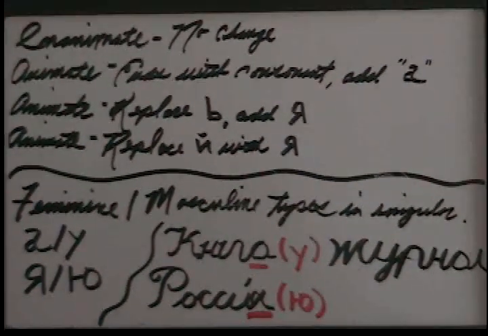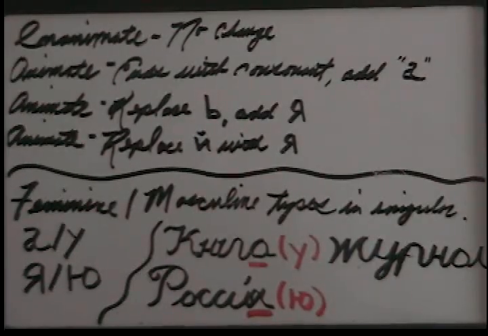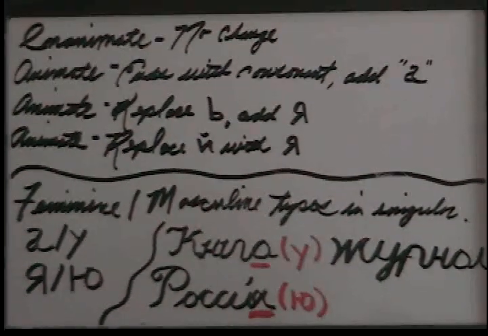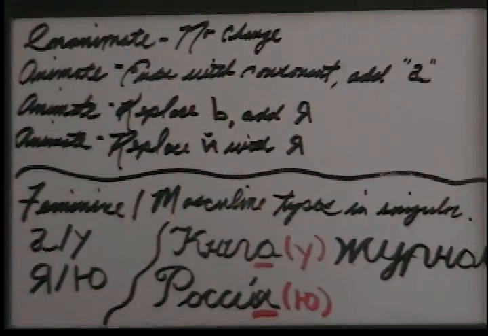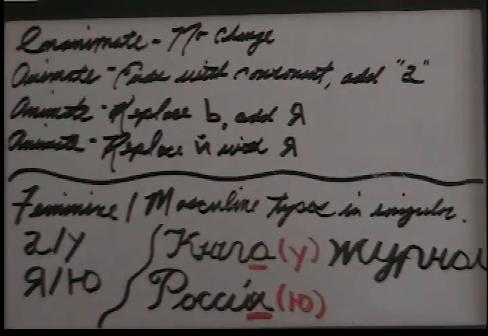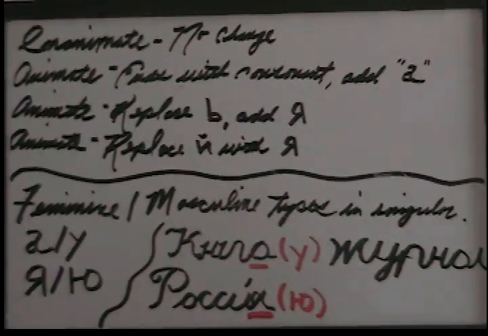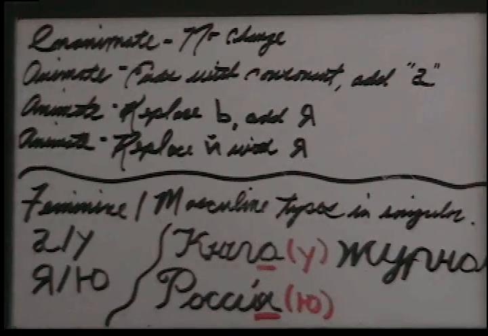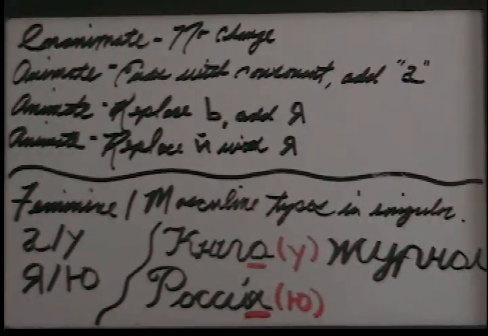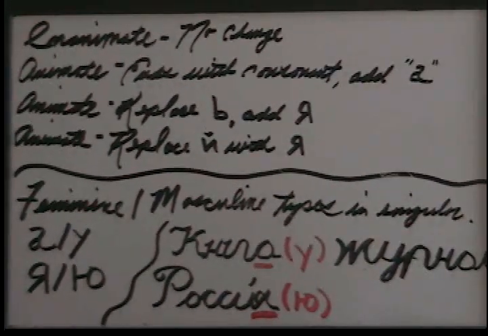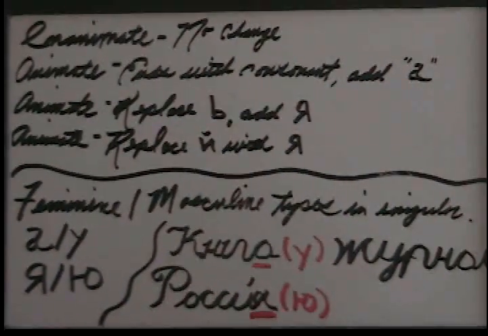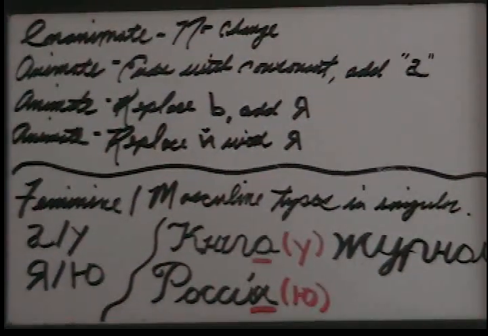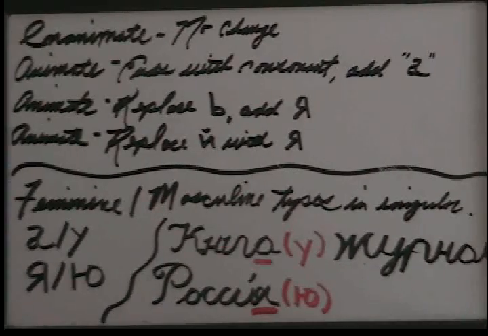So if it's inanimate in the accusative, then the word is not going to change. Noun, inanimate, it's not going to change. Adjective, whatever it is, if it's inanimate, there's no change. If it's animate and ends with a consonant, you're going to add an А.